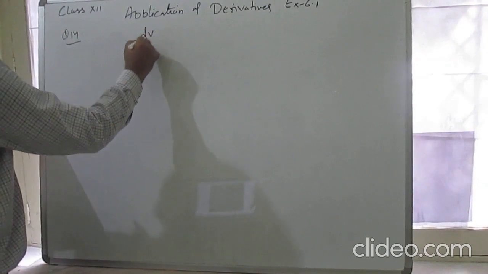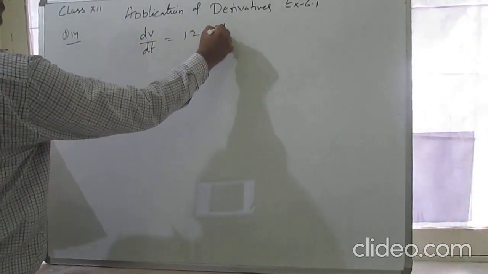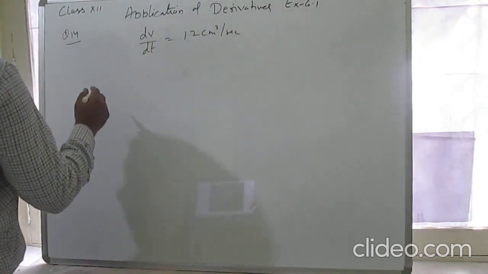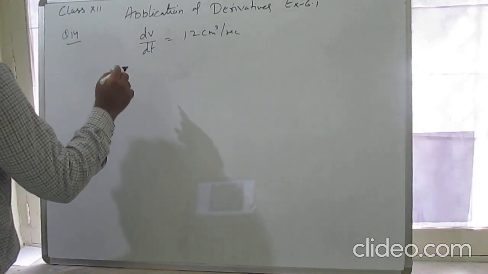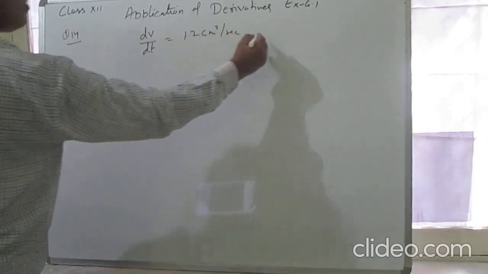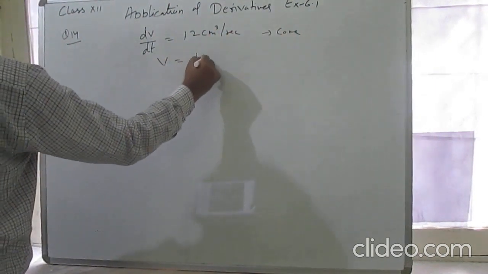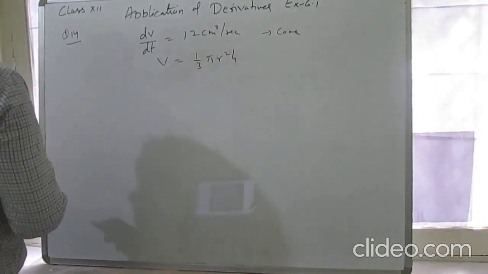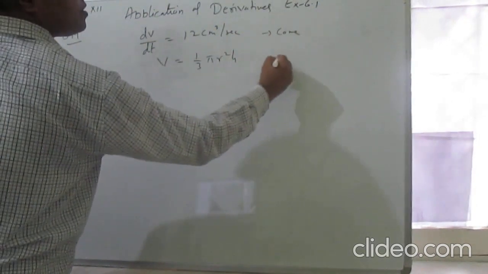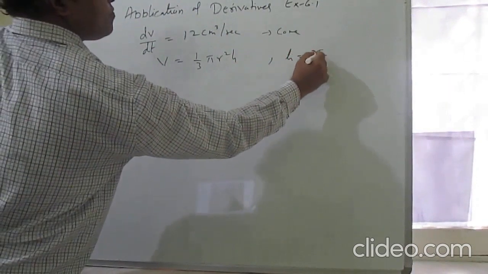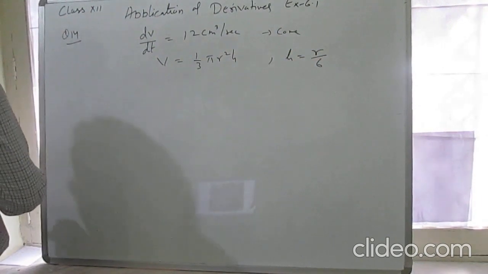The falling sand forms a cone on the ground in such a way that the height of the cone is always 1/6 the radius of the base.